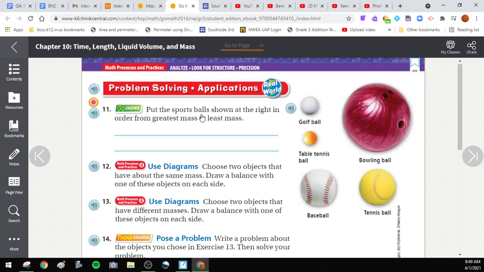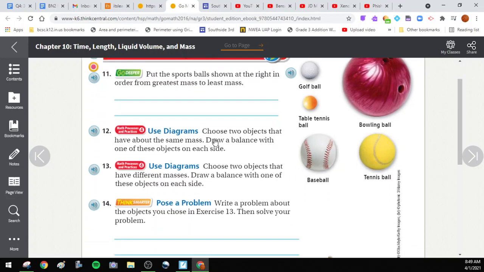Put the sports balls shown at the right in order from greatest mass to least mass, or which one weighs the most, which one weighs the least. Right here, choose two objects that have about the same mass. Draw a balance with one of these objects on each side. And then choose two objects that have different masses. Draw a balance with one of these objects on each side.